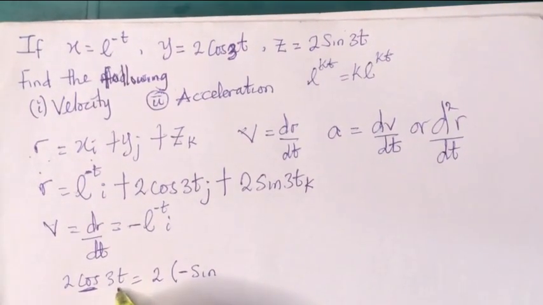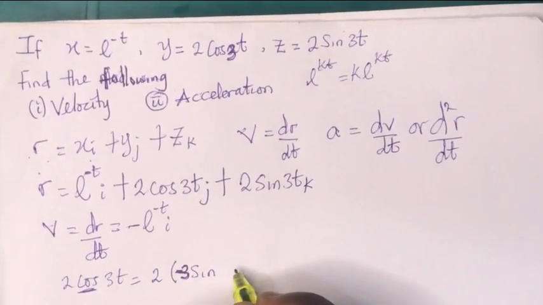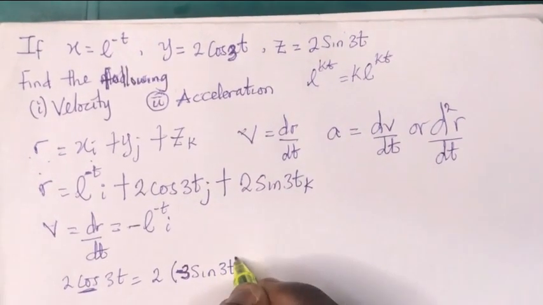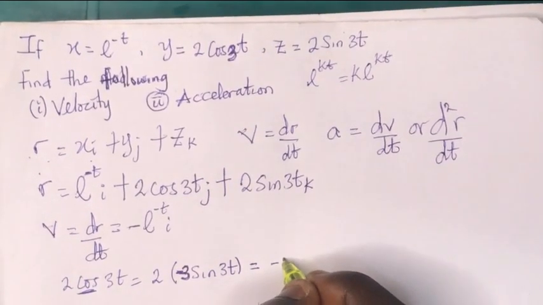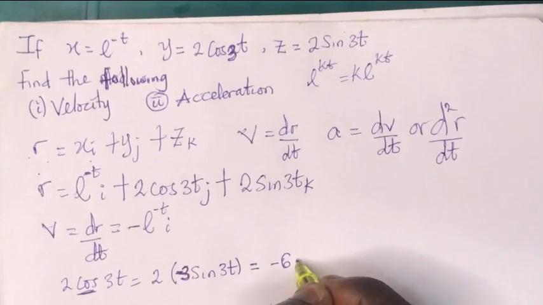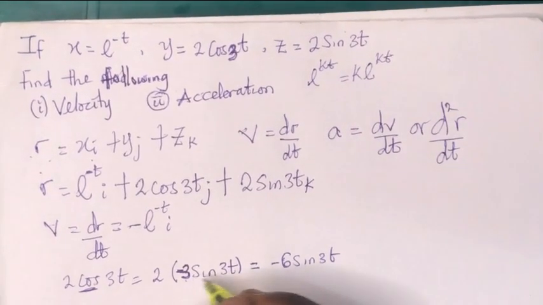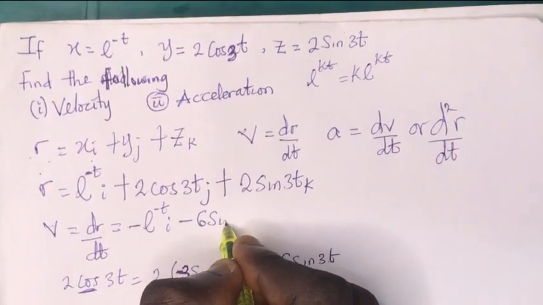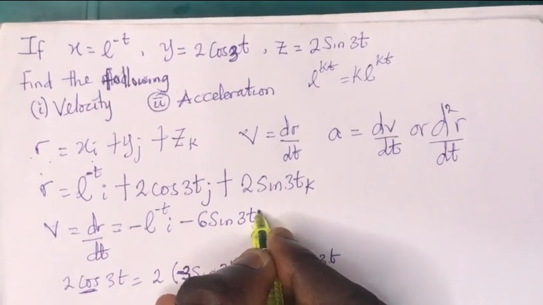Differentiate this 3t, you will have what? 3. So you can see that I drop the 3 here, then your 3t again. So that means if you differentiate 2 cos 3t, you are going to have minus 6 sine 3t, because 2 times minus 3 will give you minus 6. So this will become minus 6 sine 3t j.